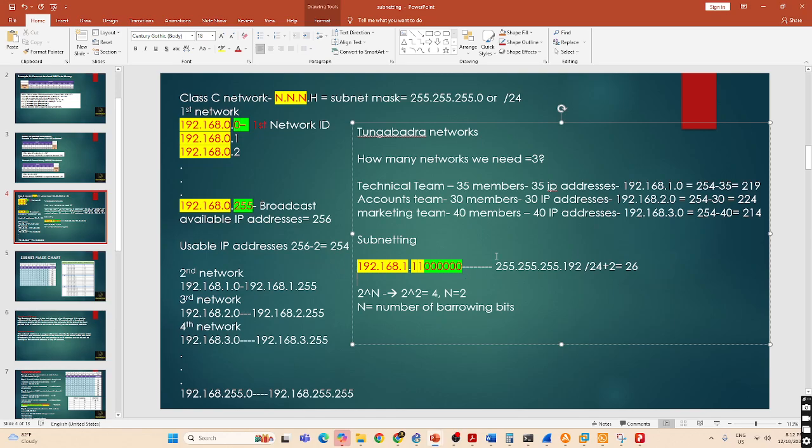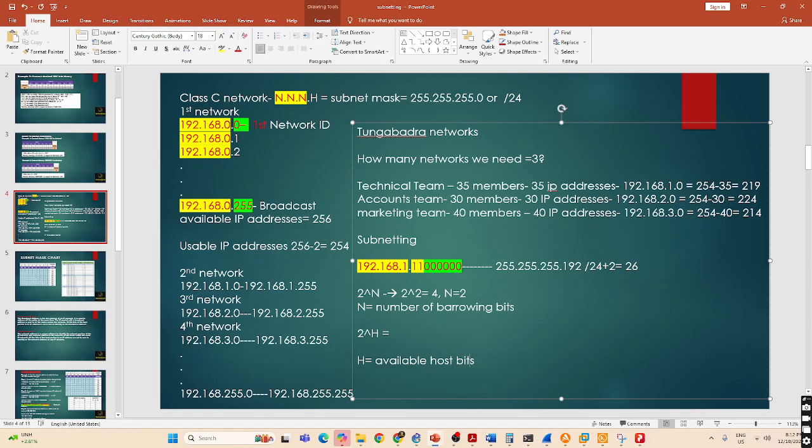So now we borrowed 2 bits based on our requirement. Based on our requirement, we can create one network into multiple networks by borrowing the host bits. Now how many host bits are available in the fourth octet? 8 minus 2, which is 6. h equal to available host bits.